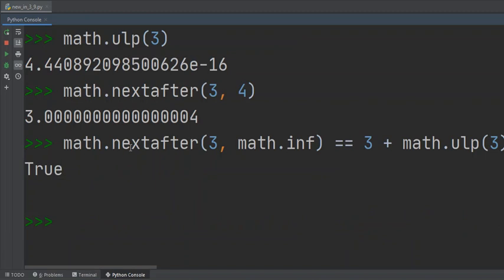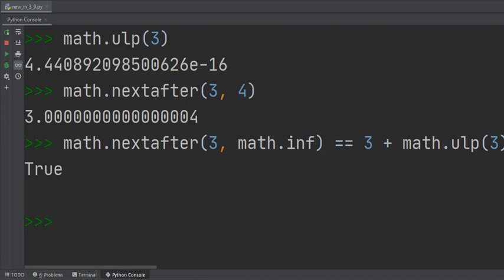The floating point number that comes after 3, the very next in line floating point number, is the same as saying 3 plus the unit of least precision after 3, 3 plus the distance between 3 and this next number. So these are two ways of saying the same thing, even though you see how it gave you a very different kind of display. So those are both pretty useful.